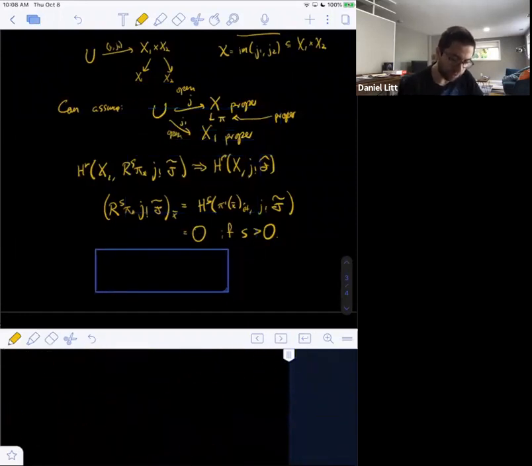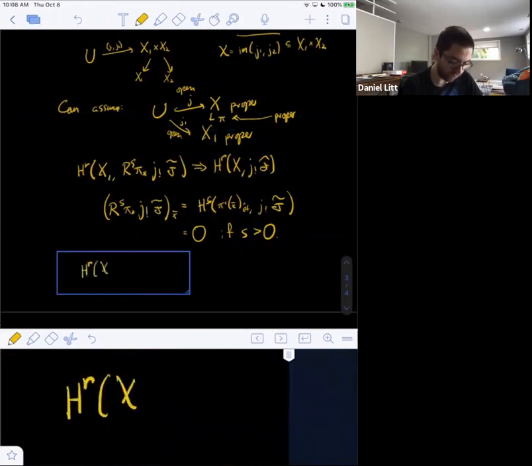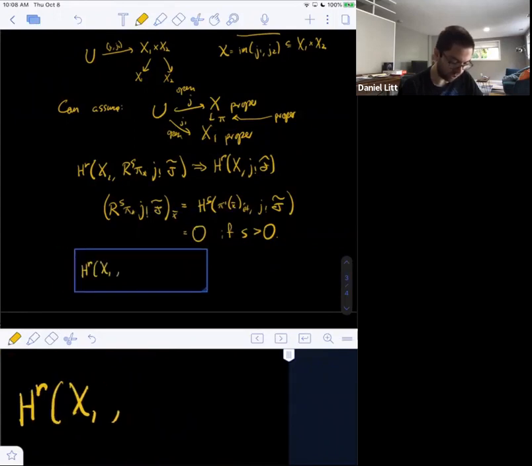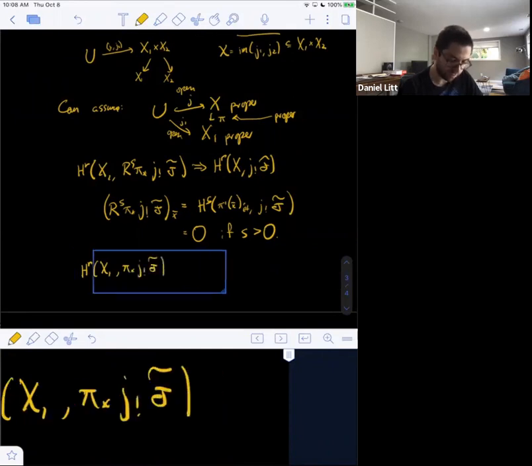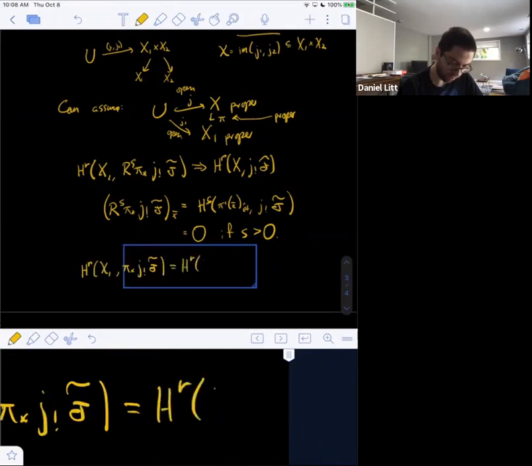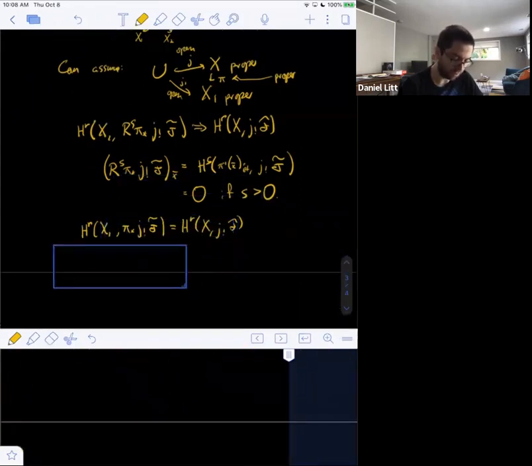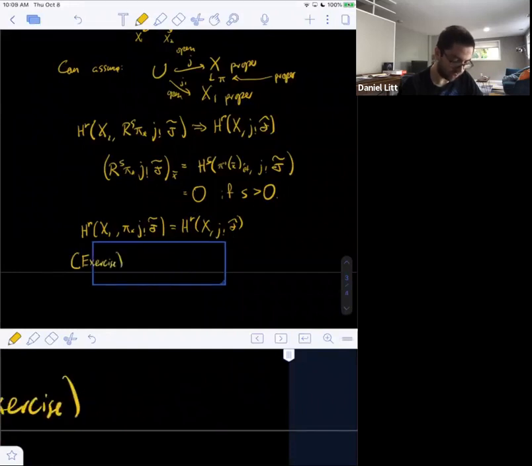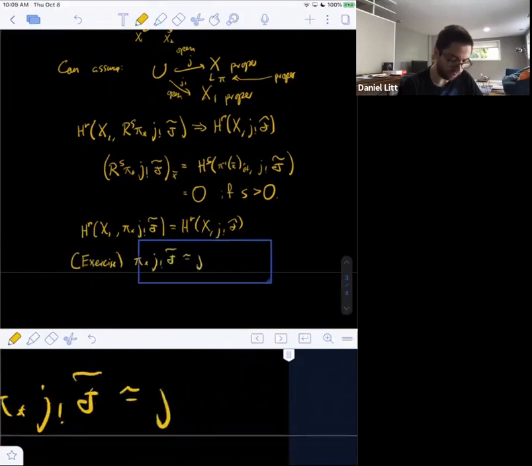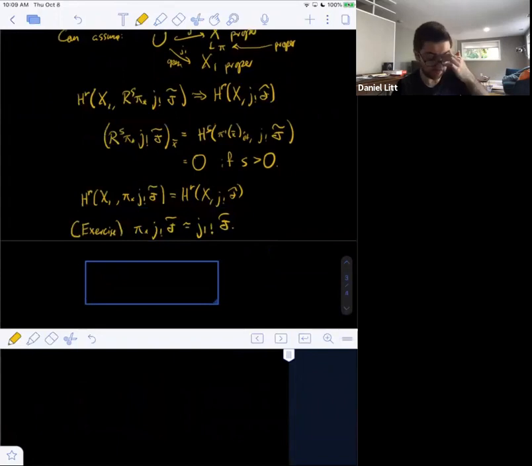All right. So what we get then is an equality. The spectral sequence degenerates immediately, and we get an equality of H^r of X1 with coefficients in pi lower star j shriek F with H^r of X with coefficients in j shriek F. And now the claim, which is going to be an exercise, is that there's a canonical isomorphism between pi lower star j shriek F and j1 shriek F. What is the content of this claim?